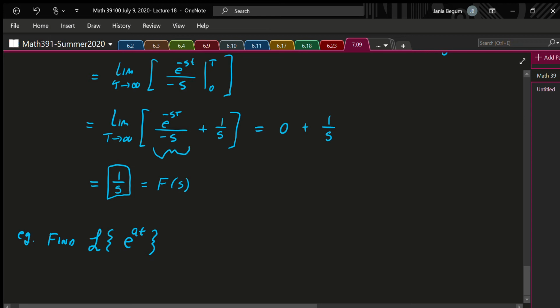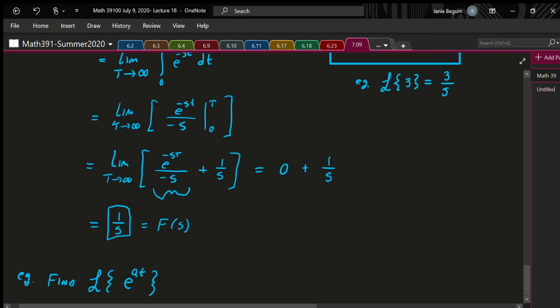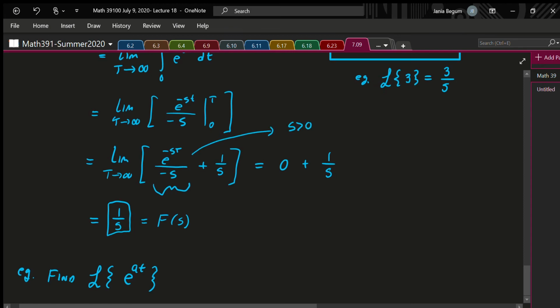Oh, another thing I need to mention: going back to the first example, when we take this limit, we want to make sure for this part that s is greater than 0. Because if s is less than 0, then we get infinity. It's going to diverge.